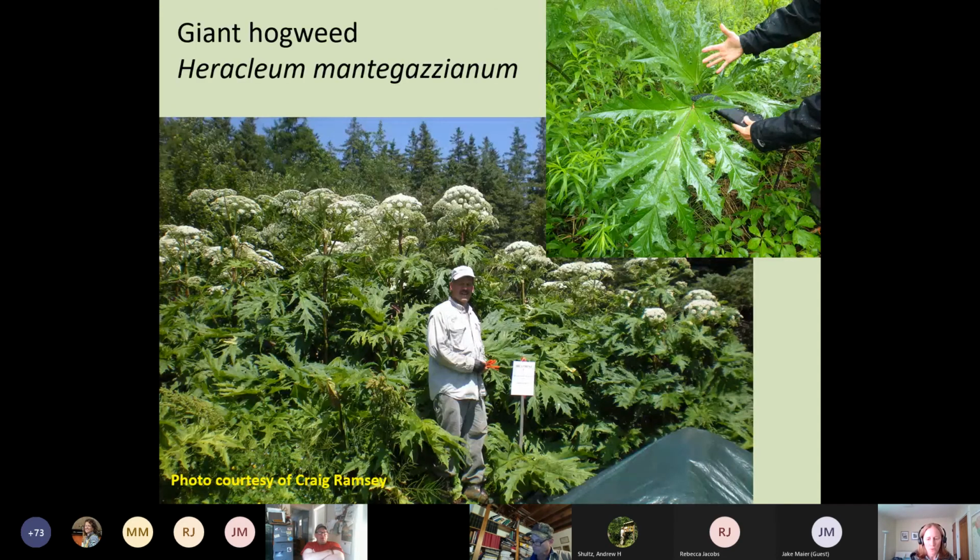So starting off with giant hogweed. This is a plant that people have heard about because it is phytophototoxic. So this plant, if you come into contact with the sap, can cause severe skin burns. So phyto meaning plant, photo meaning sun.